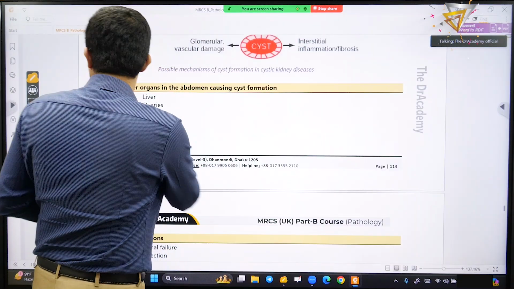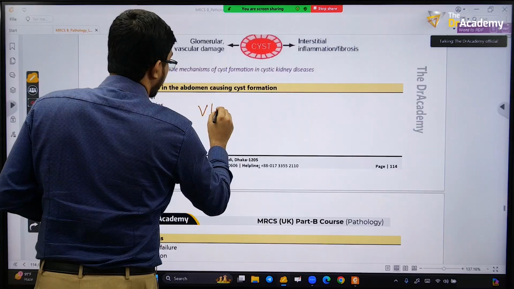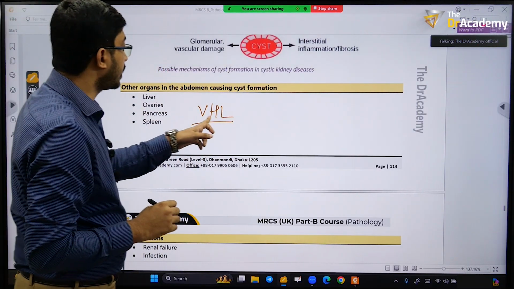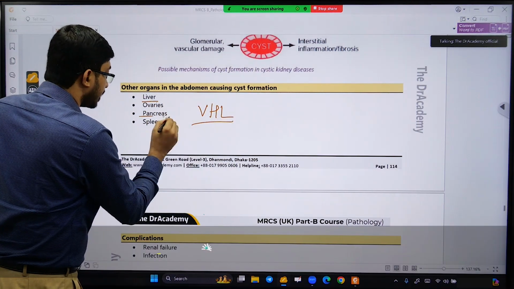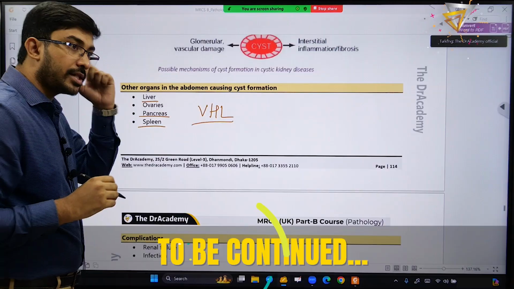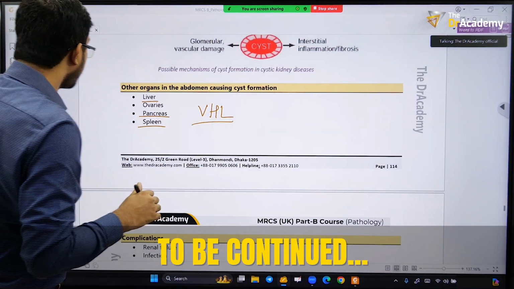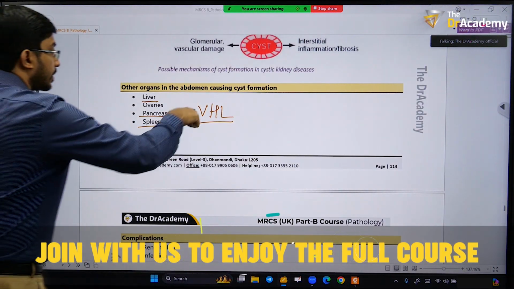That is called von Hippel-Lindau disease. We'll come to that. Or syndrome, VHL syndrome. Okay, von Hippel-Lindau syndrome that causes cyst in kidney, cyst in liver, cyst in pancreas, cyst in spleen, along with hemangioblastoma of the cerebellum or central nervous system. So this is called von Hippel-Lindau syndrome.